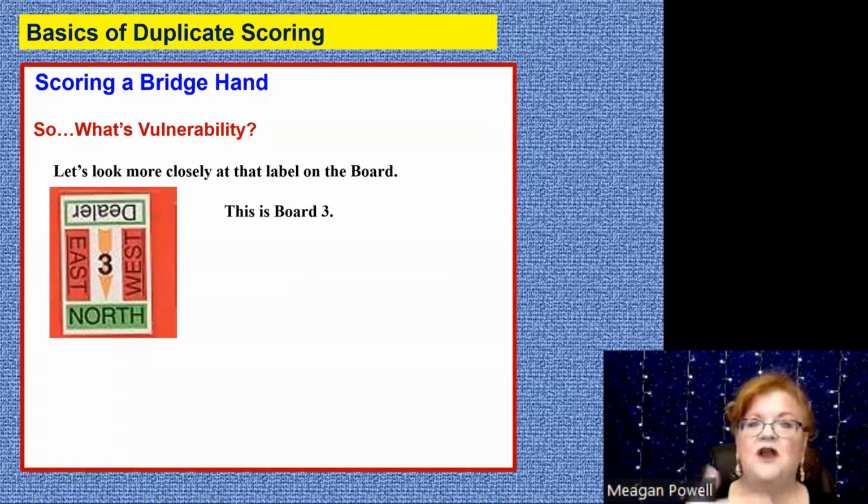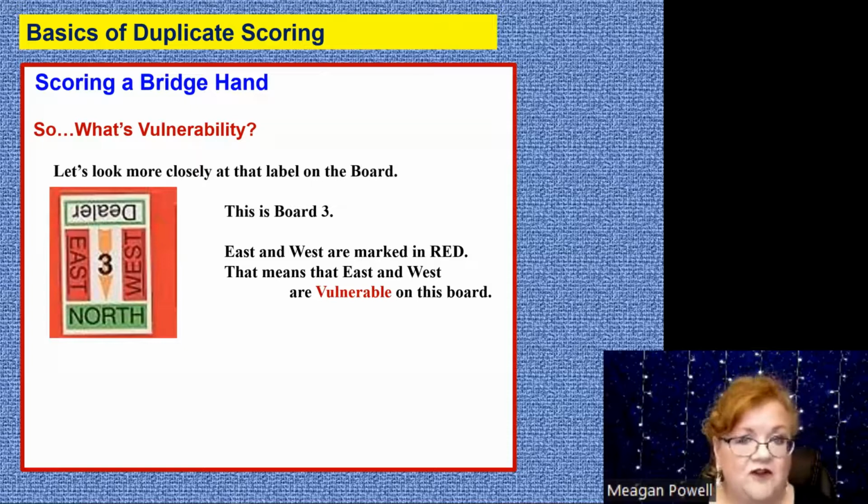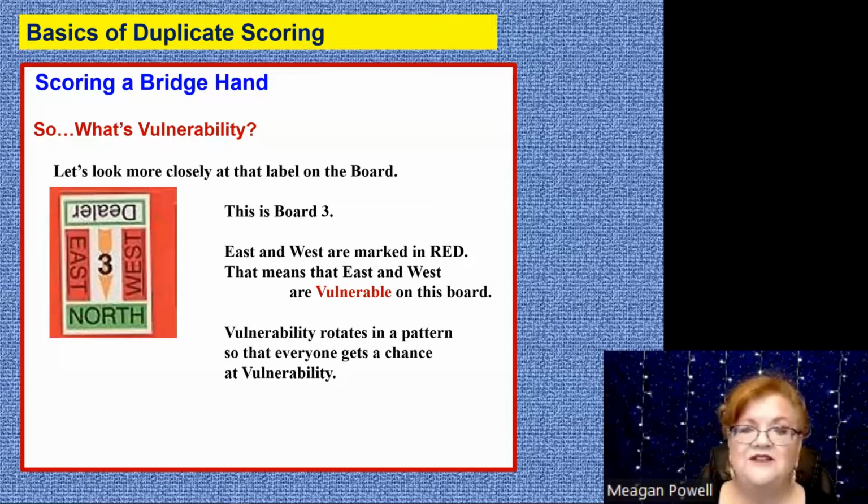You've gone board 1, board 2, board 3. And now I want to talk about the more specific aspects on this label. East and West are marked in red. And that means East and West are vulnerable on this board. Now, vulnerability rotates in a pattern so that everybody gets a chance at vulnerability.